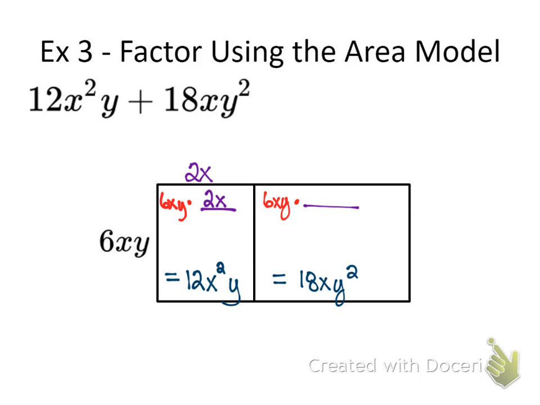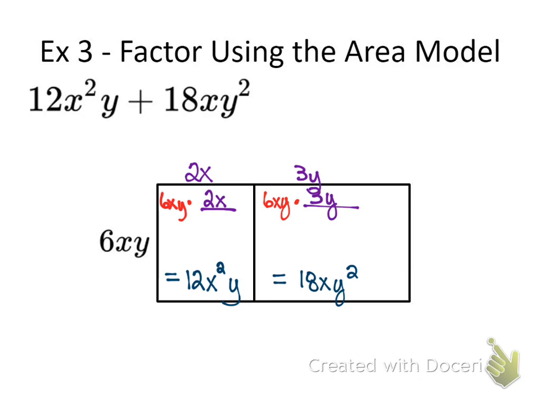So I think to myself, 6 times what gets me to 18? 3. Okay. And then I have 1x up here and 1x down here. So do I need to multiply it by an x? No. Okay, 1 y up here, 2 y's down here. 1 y. So the length of this rectangle is 3y.